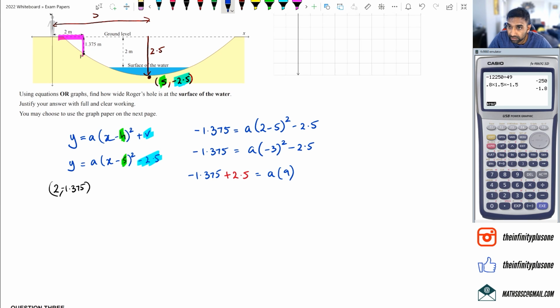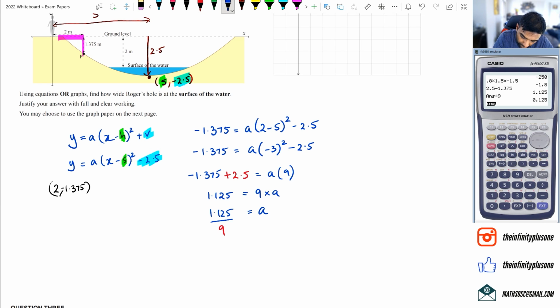And still working through this, I've got negative 2.5 minus 1.375 is 1.125 equals 9 times a, and then a is equal to 1.125 divided by 9, which gives me 0.125.